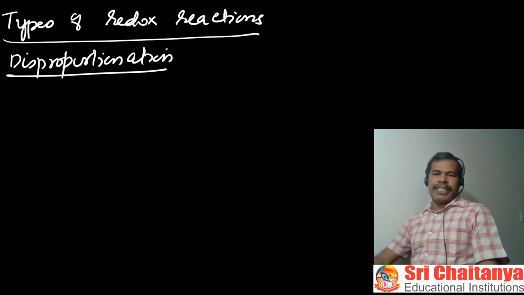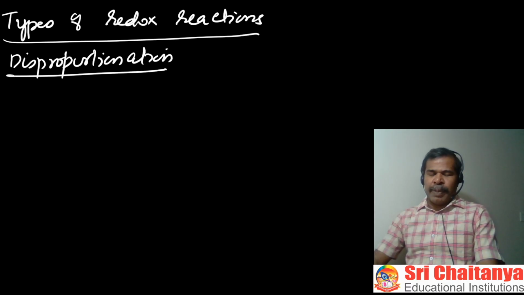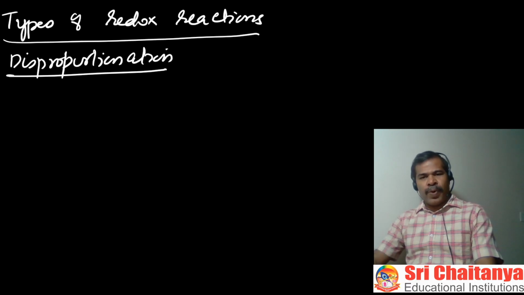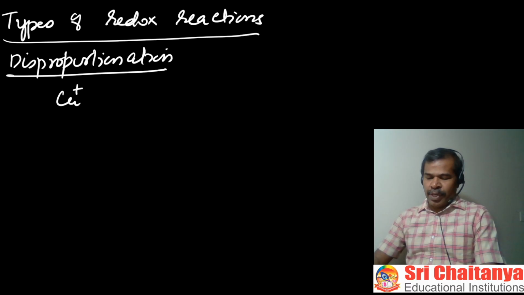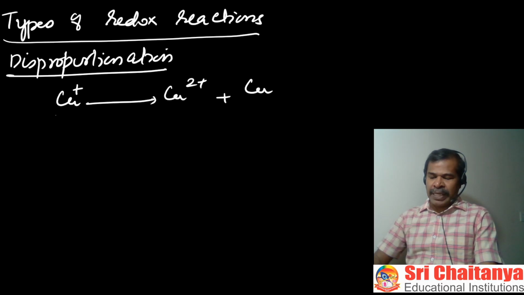What is a disproportionation? In a disproportionation reaction, a compound degrades, it gets converted into 2 different compounds in which the element goes into different oxidation states. That is, you take Cu+, Cu+ undergoes a disproportionation, giving Cu2+ and Cu.